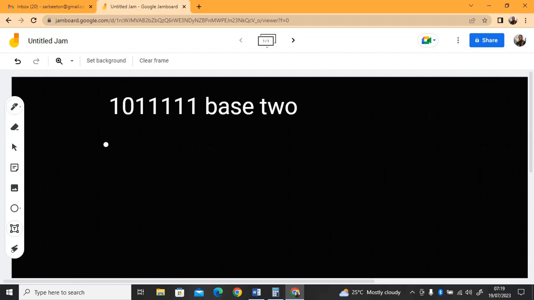So the first one is going to be 1 times 2. Then the next number is 0, so plus 0 times 2, plus 1 times 2. You have how many 1s there? 1, 2, 3, 4, 5.